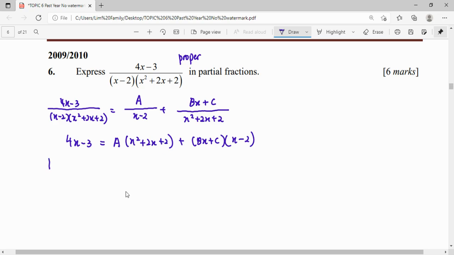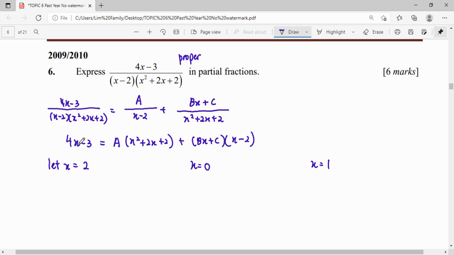We choose x values that we can usually find from the roots, so we can choose x equals 2. Another one, we can choose x equals 0 when involving linear bx plus c, because it will eliminate our b and we can get c. And then another one will be a random number; for easier calculation, I choose 1. Then we start to substitute these into our equation.